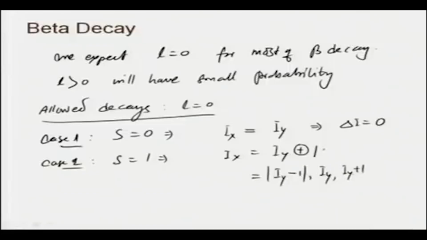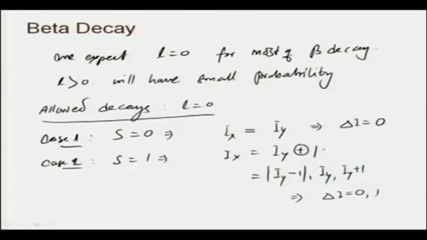These are the possibilities. Here again, if I x is equal to I y, then delta I equal to 0. If I x is equal to I y plus 1 or I y minus 1 in magnitude, delta I is equal to 0 or 1 are the possibilities. So, it is possible to have either delta I equal to 0 or delta I equal to 1 in the case of L equal to 0.